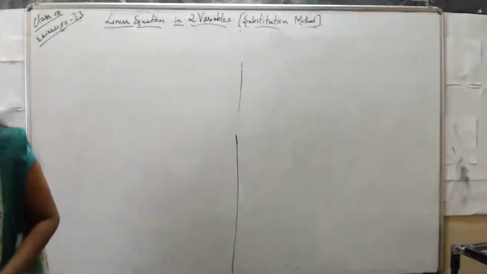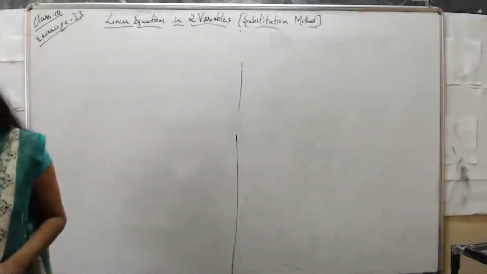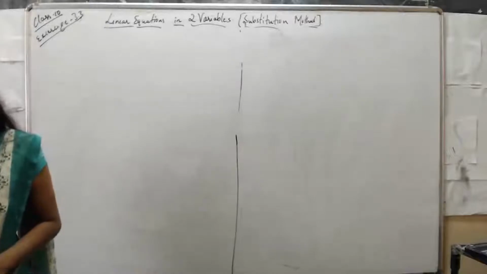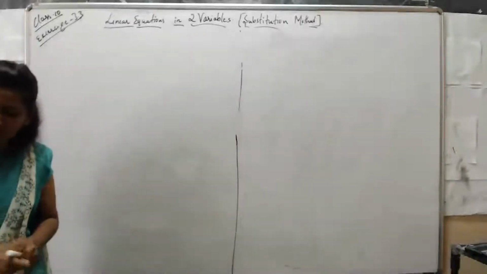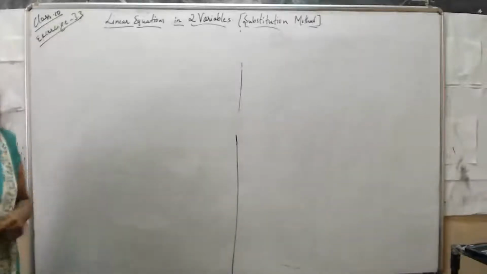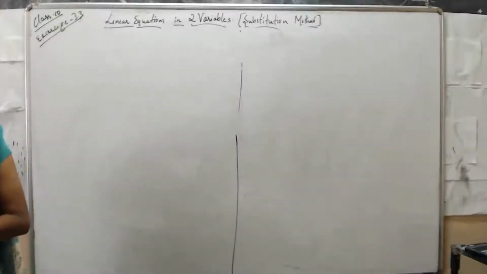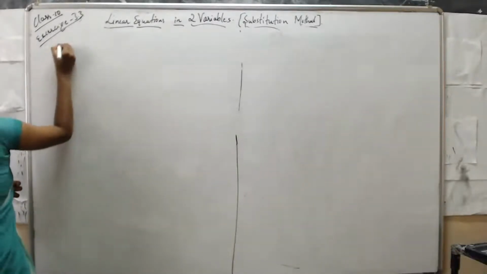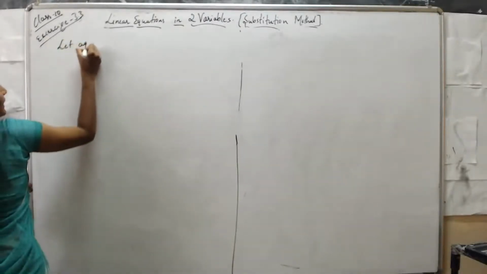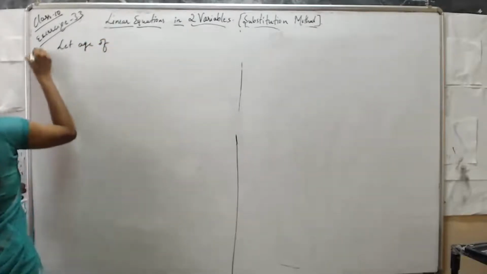Five years ago, the age of Jacob will be 3 times that of his son. Jacob and Jacob's son. Third question, the last one.